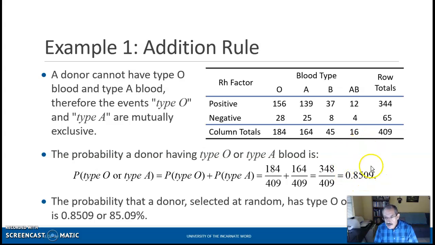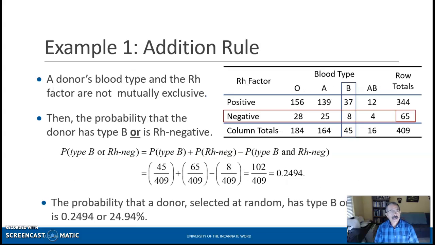Now we need to interpret this result. The probability that a donor selected at random has a type O or a type A blood is 0.8509 or 85.09%. All right, so this is the case where you find that the events are mutually exclusive, and you use, let's call it, the shorter version of the addition rule.